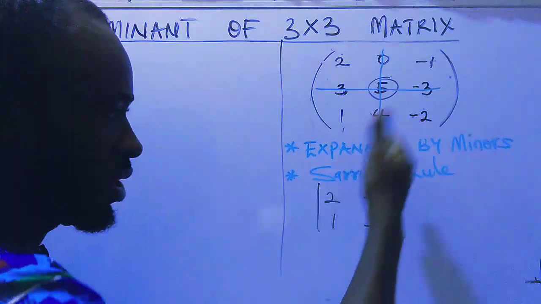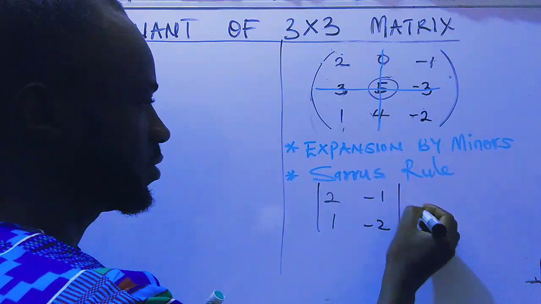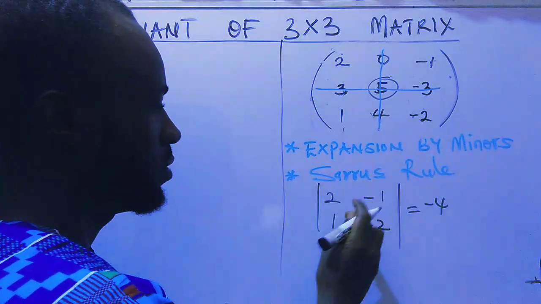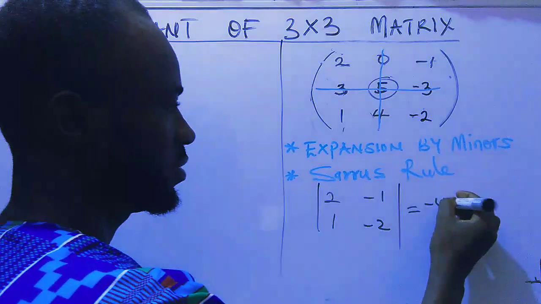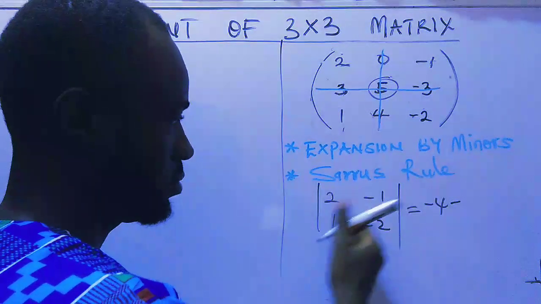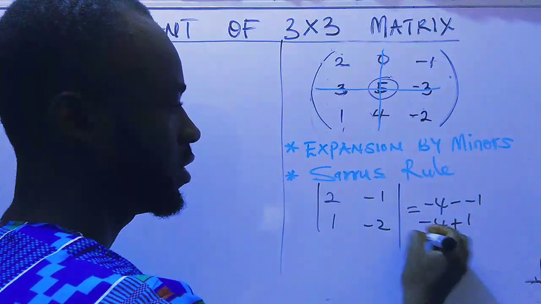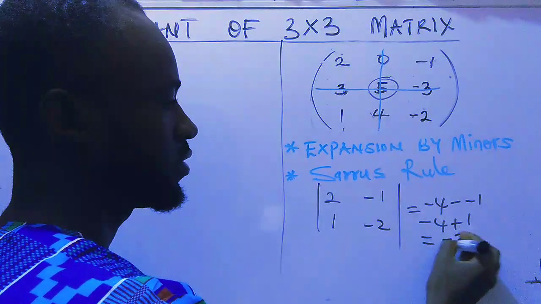This is a determinant, and we can find it: 2 times minus 2 is minus 4, minus 1 times 1, which is minus 1. So our answer is minus 4 plus 1, that is minus 3.